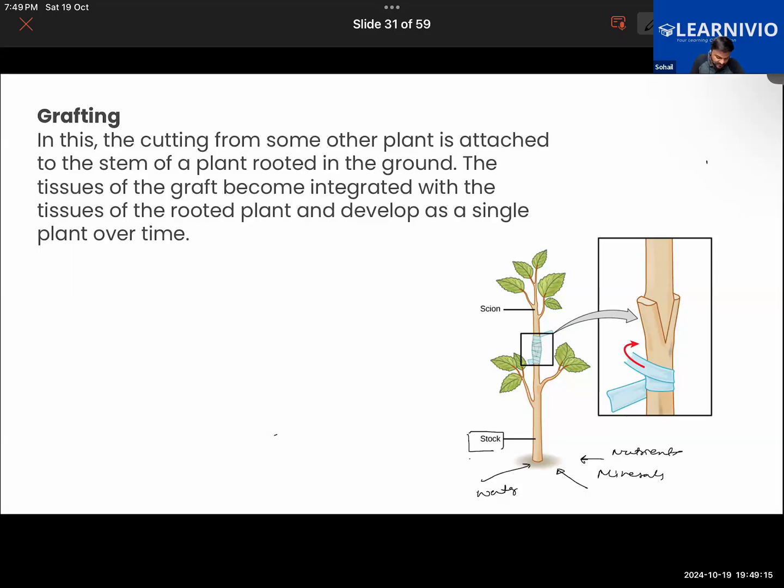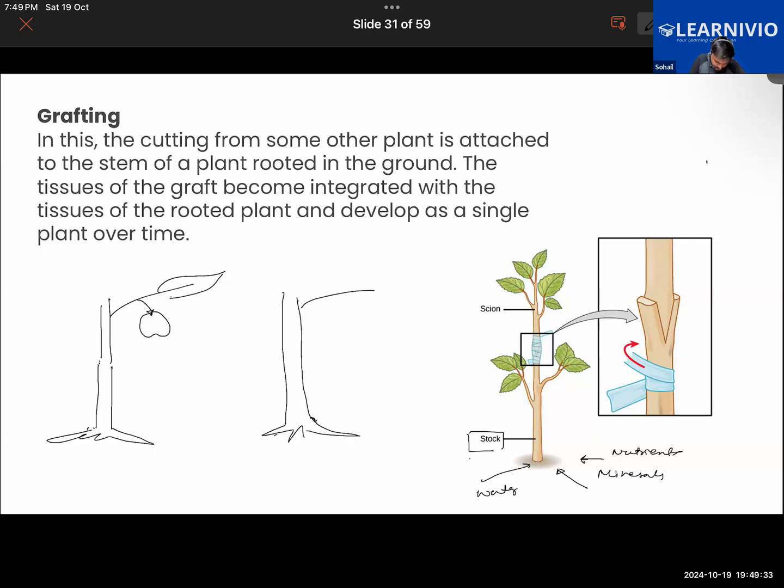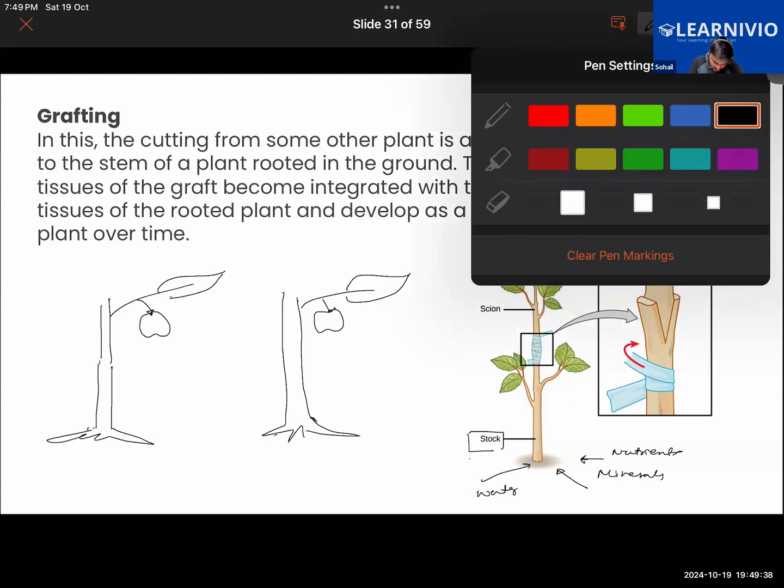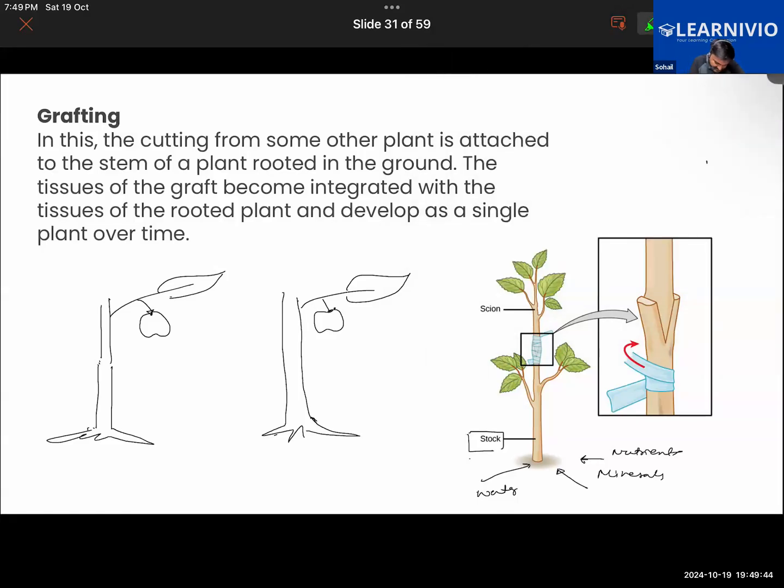Say, for example, we have initially two plants. Try to understand this. Okay, we have taken the mango example. Let's say we take the example of an apple plant, for example.